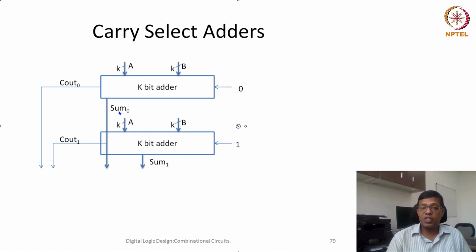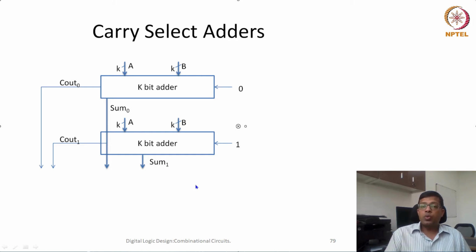Sum 0 means when carry was 0, C out 0 means when carry was 0, similarly sum 1 when carry was 1, and C out 1 when carry is 1. We have to note that this is a completely replicated circuit, so area is simply doubled, but the delay of both of them would be the same.